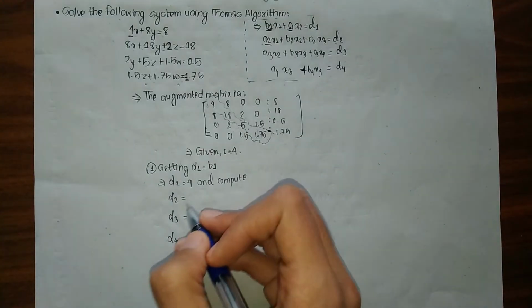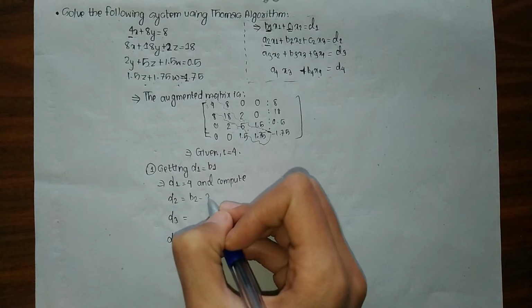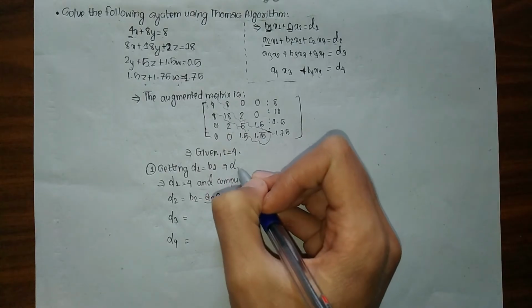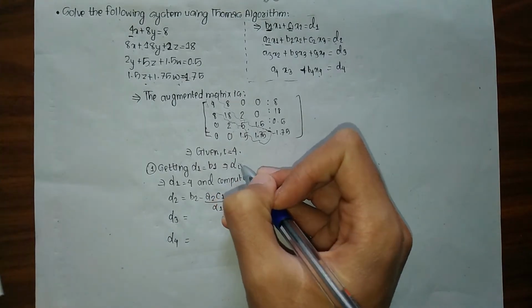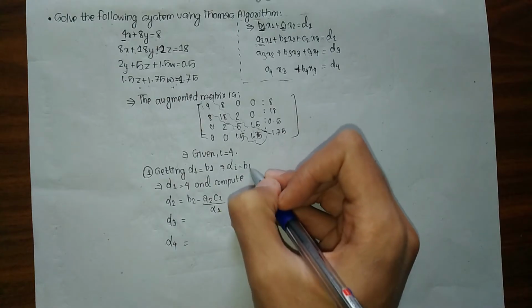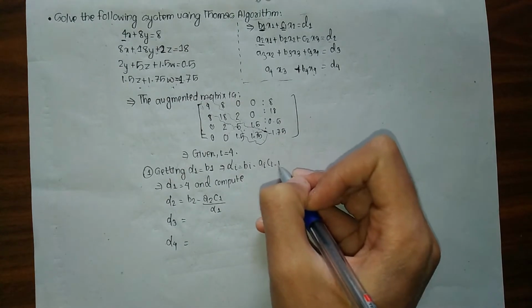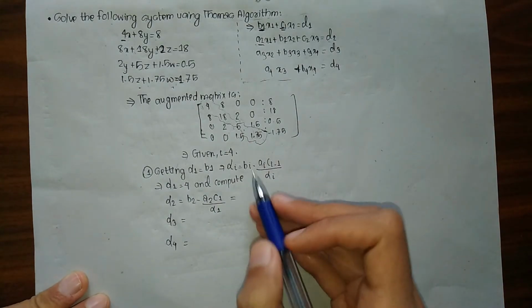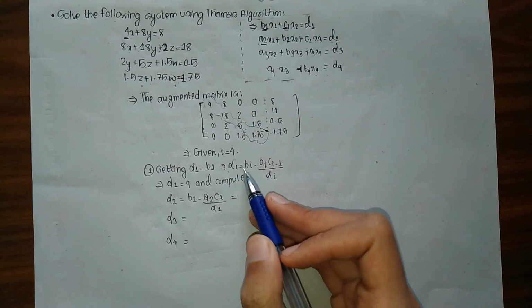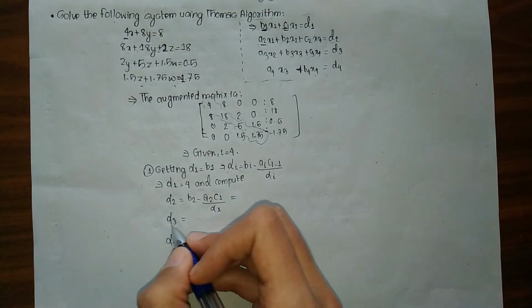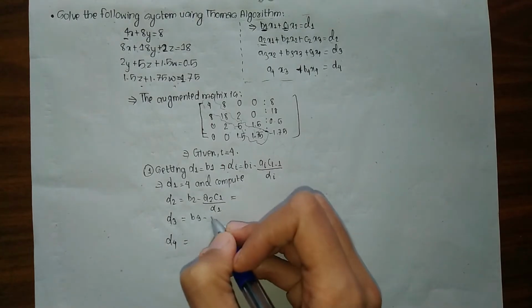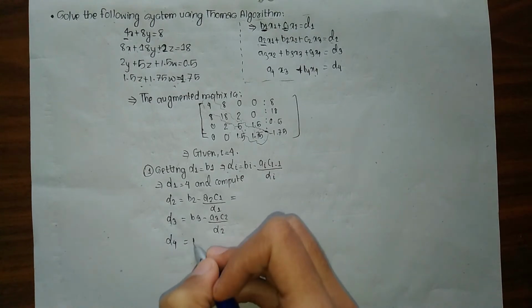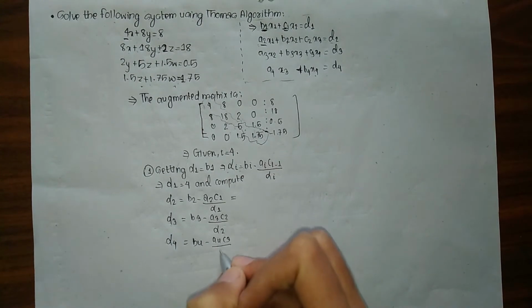So that's my formula. Similarly alpha 3 will be equal to b3 minus a3 c2 divided by alpha 2, and alpha 4 will be equal to b4 minus a4 c3 divided by alpha 3.